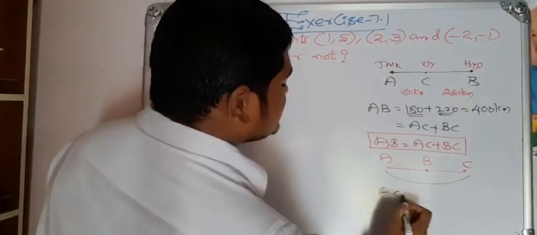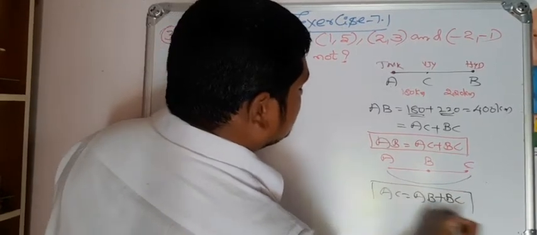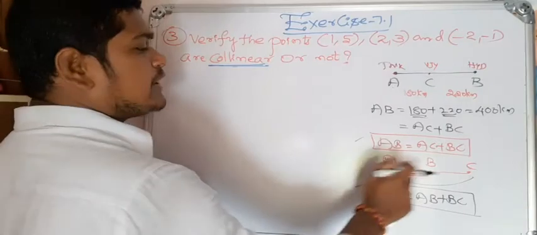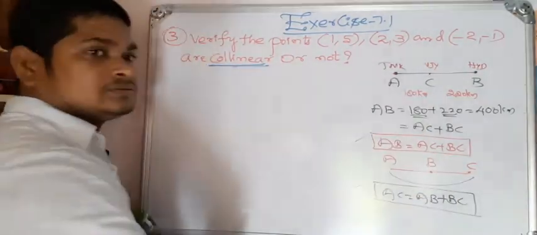That means AC is equal to AB plus BC. We can follow this also, according to the points, we have to take care. So AC must be equal to AB plus BC.